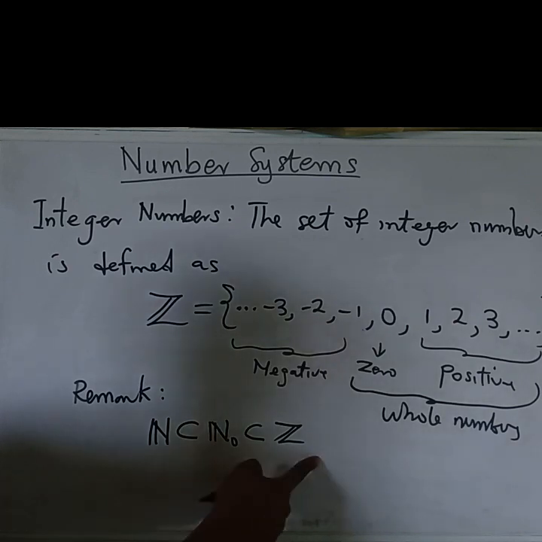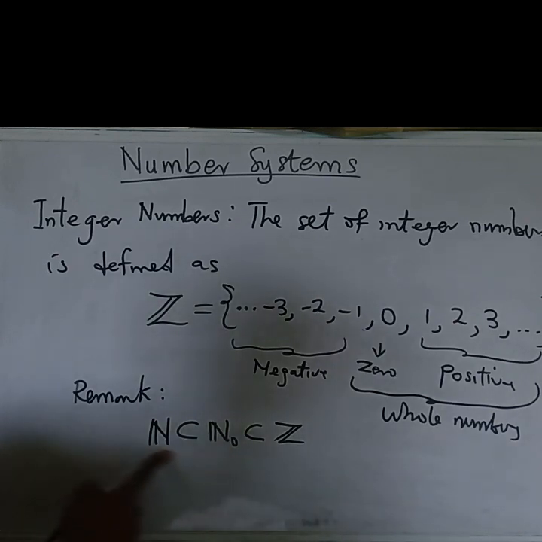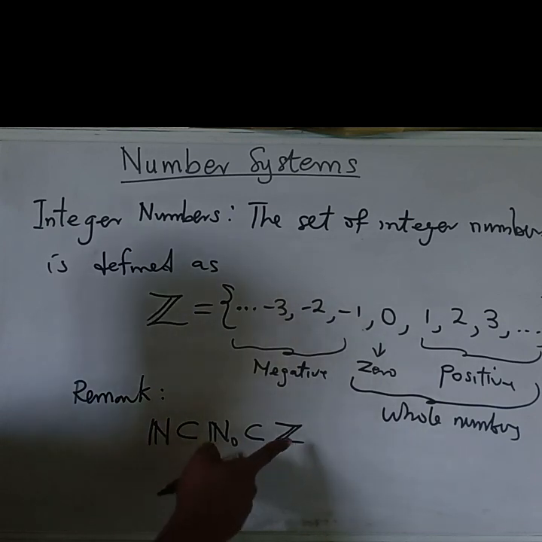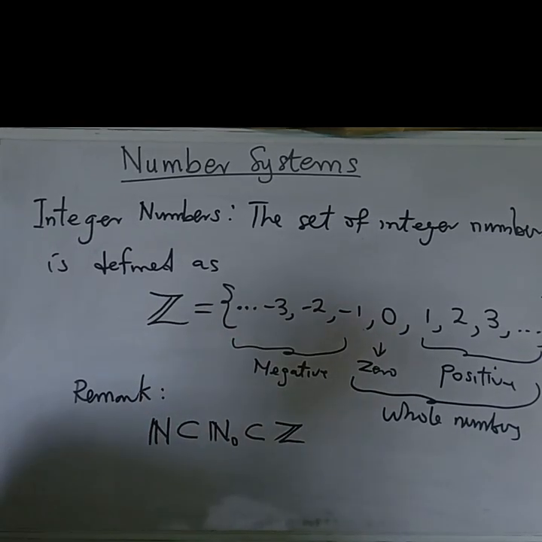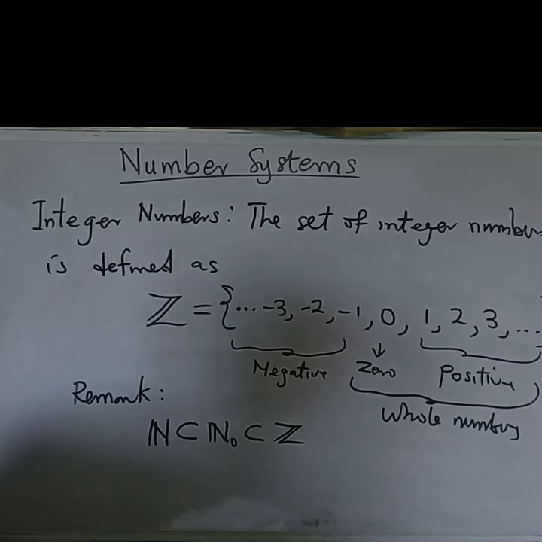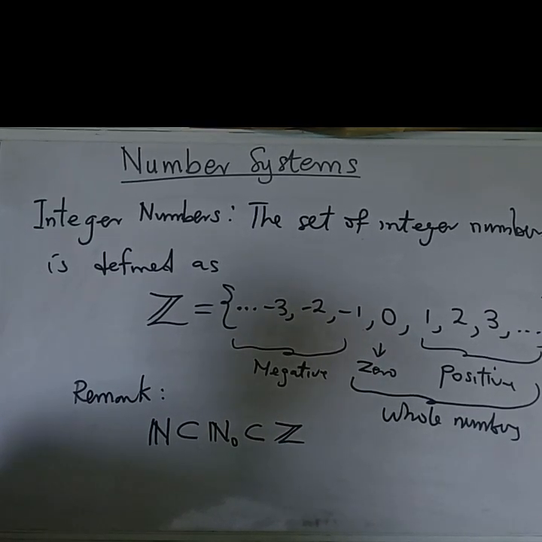So that's our observation: the entire number here, in these two sets, is contained in the integer numbers. That is obvious from the definition. So let's look at the properties of the integer numbers.